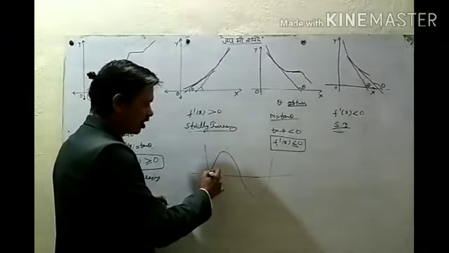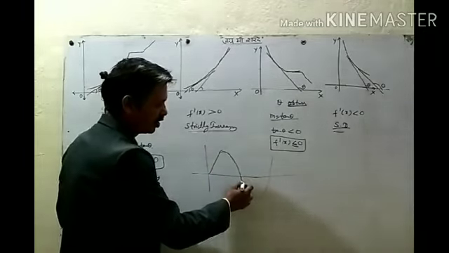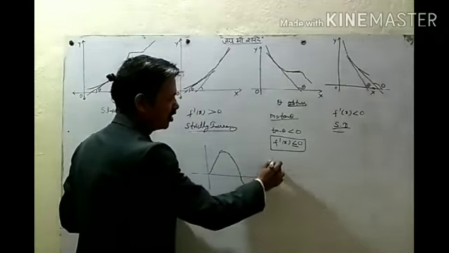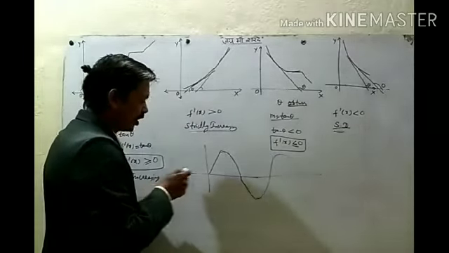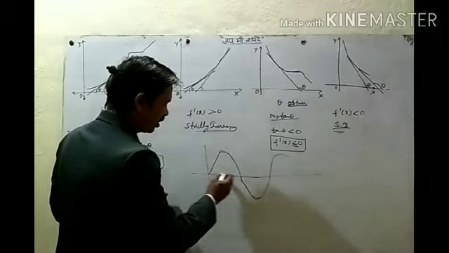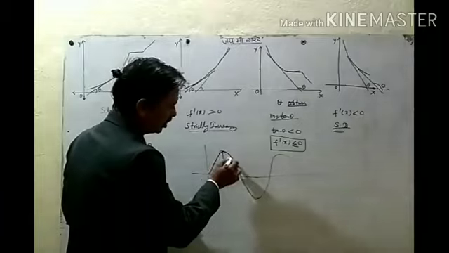Here it is increasing, then again decreasing, and decreasing, then increasing. So sometimes the function in a particular interval, here in this part it is increasing, but here decreasing.